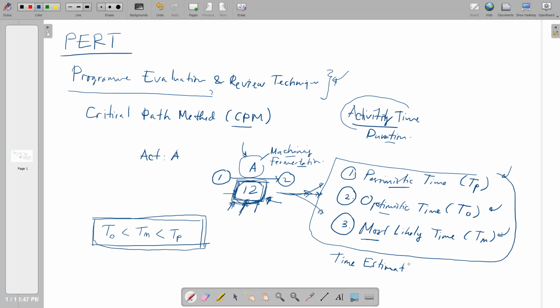I'll put this one as TE, so you can memorize it better. The time estimate is the calculation from the three over here, from the pessimistic time, optimistic time, and most likely time. So technically what you put into the calculation for calculating the network diagram is the time estimate.